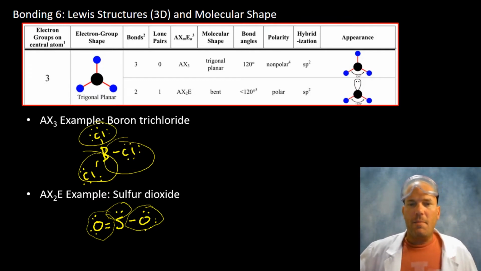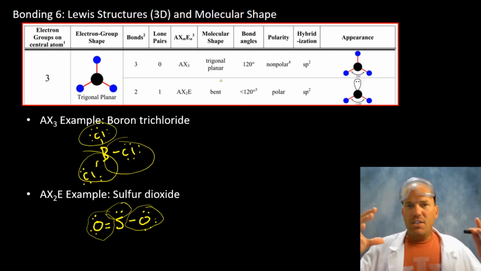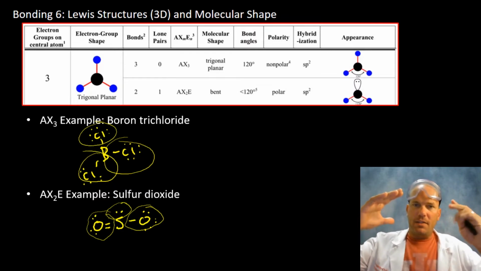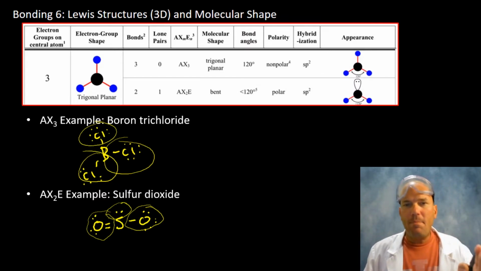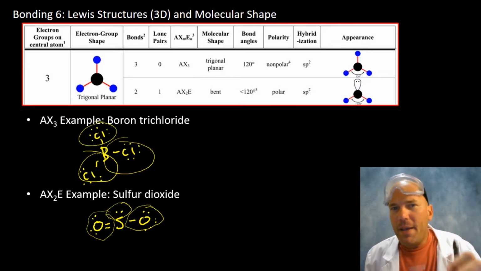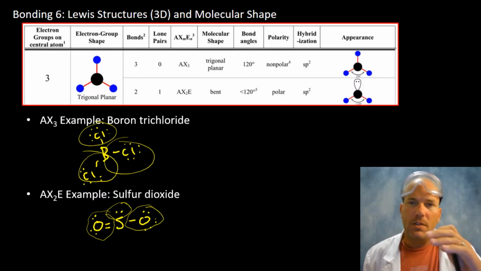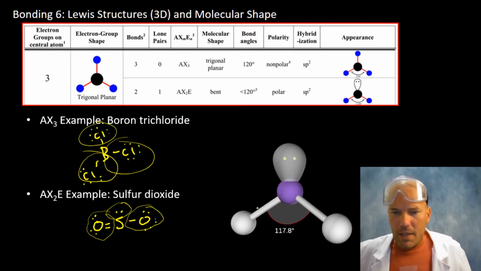So what that leads to is an overall bent shape. So if I were to redraw this, I would indicate that there's actually a little bit of an angle. And what's going to happen is this lone pair is going to decrease the ideal bond angle. Take a look at this model here. I want to show you that you have electrons here that are bonded, right?